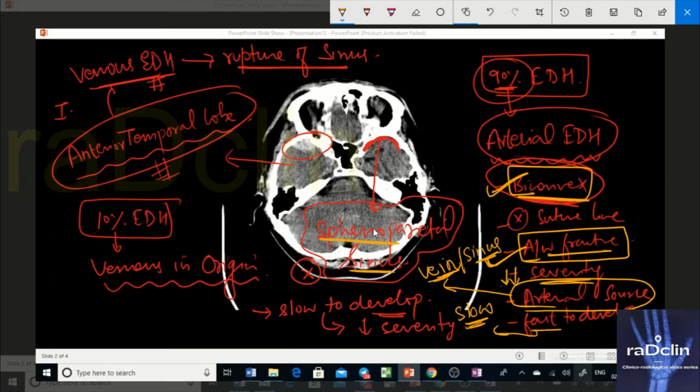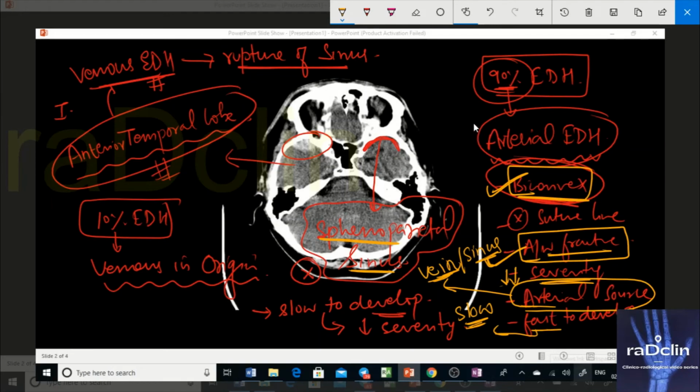Now an important point: will the venous EDH cross the suture line or not? Definitely it can cross the suture line, because the source of the bleed is a vein. If you look at the diagram that I just drew, the superior sagittal sinus is located between the meningeal and endosteal layer, just underneath the superior sagittal suture.